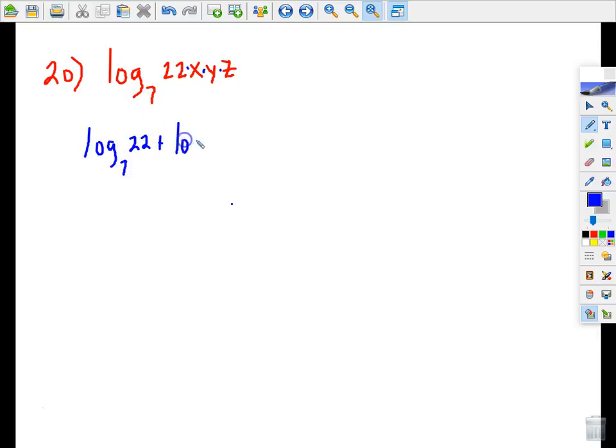So my next part of the expansion will be log base 7 of x, plus log base 7 of y, plus log base 7 of z.